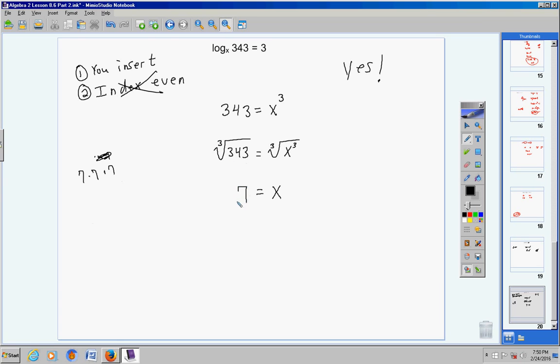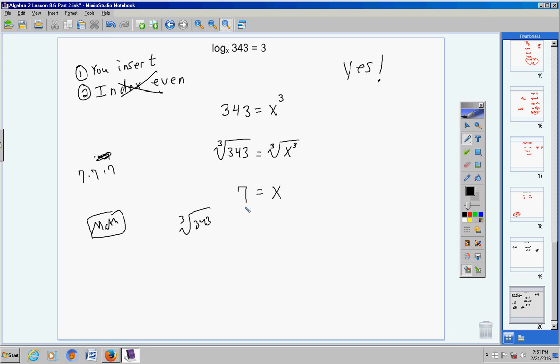Now, if you've forgotten how to do that, if you'll hit math on your calculator, I think it's option 4. Option 4 should be a cubed root. So you hit math, option 4, a cubed root pops up, and then type in 343, and you'll get out 7.